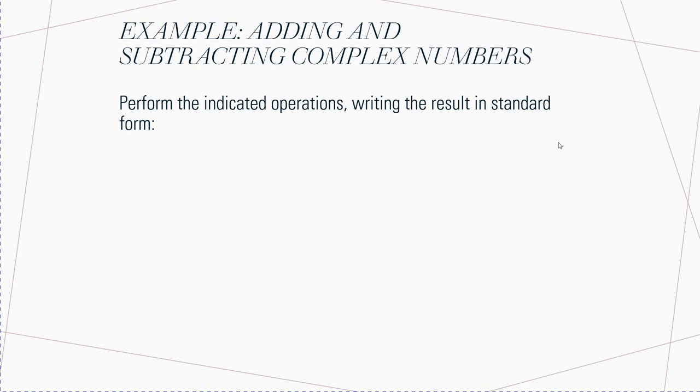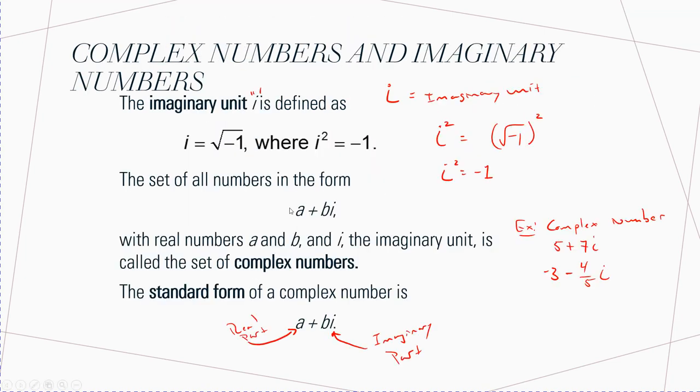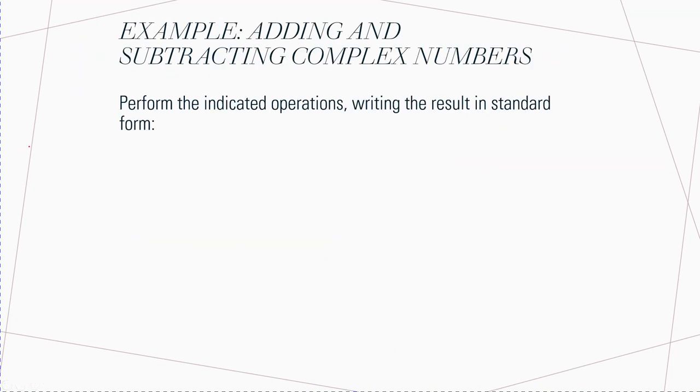Let's perform the indicated operations, writing in standard form. Remember, standard form is this a plus bi. Let's look at the complex number 5 plus 2i, and I'm going to add to it 15 minus 8i. You take the real parts, 5 plus 15, and then put next to it the imaginary part, plus 2i minus 8i.